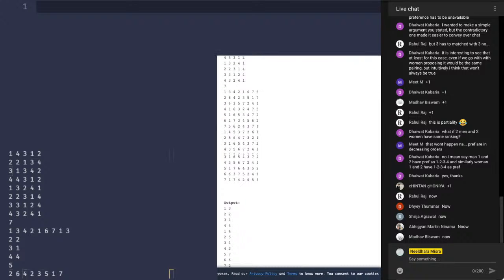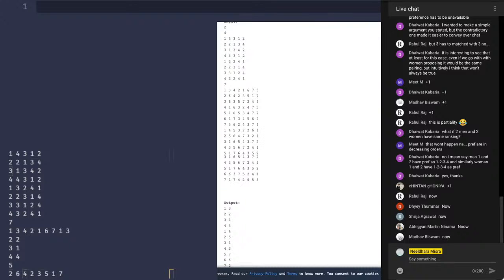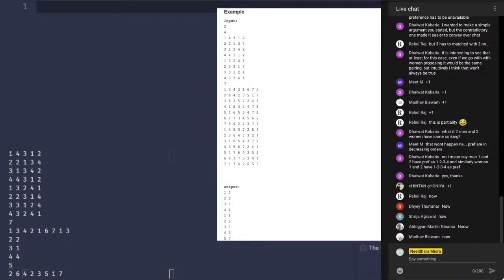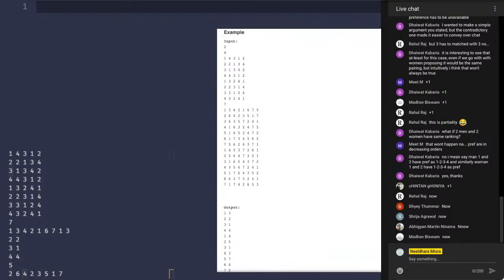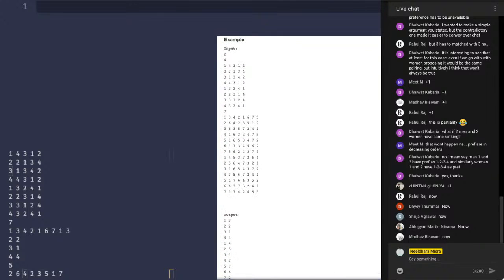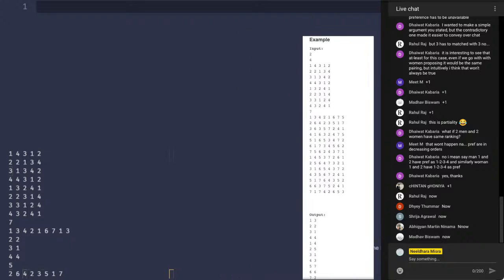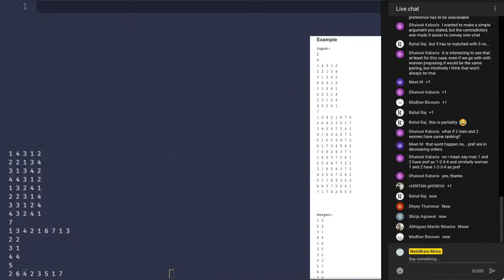I want to make sure that we can see the input and the output formats. One of these is exactly what we have already discussed as the running example, and then there's an additional example which is kind of lengthy.